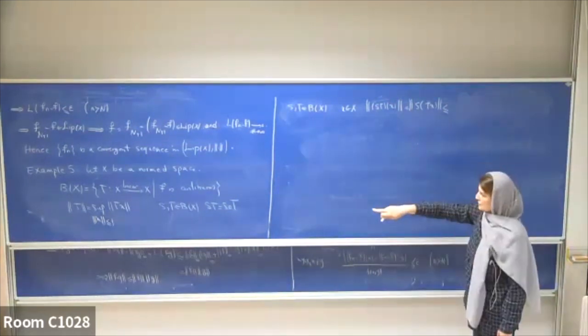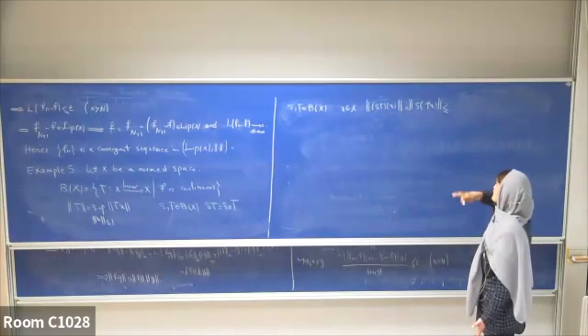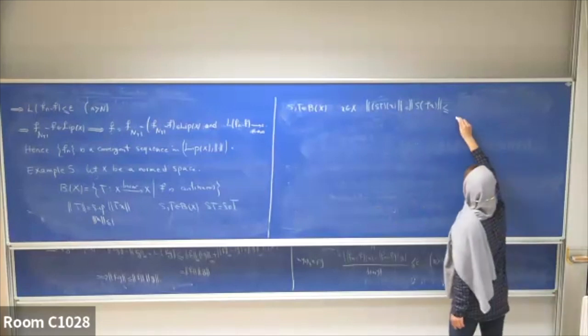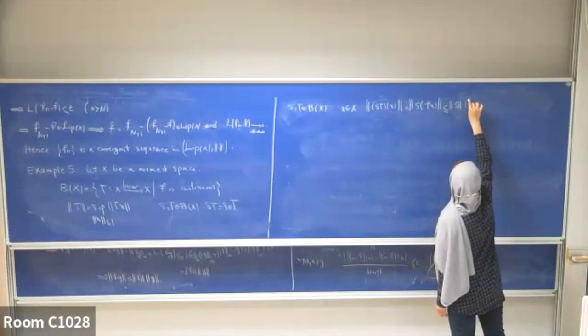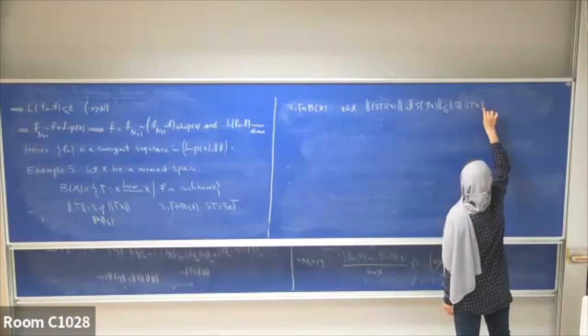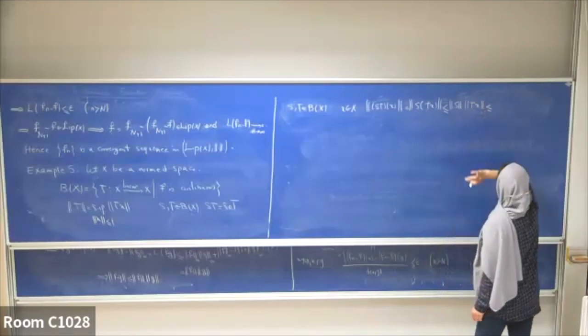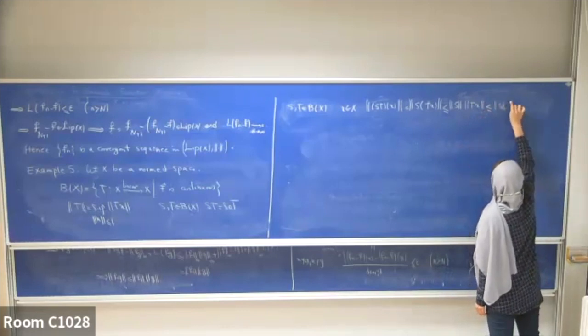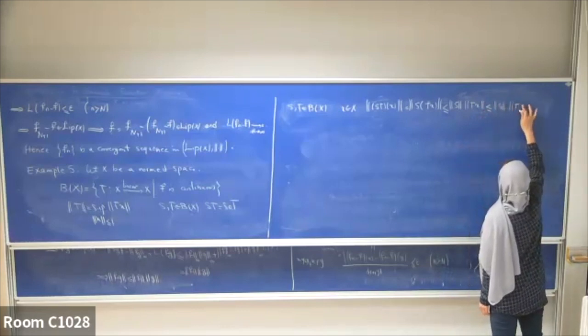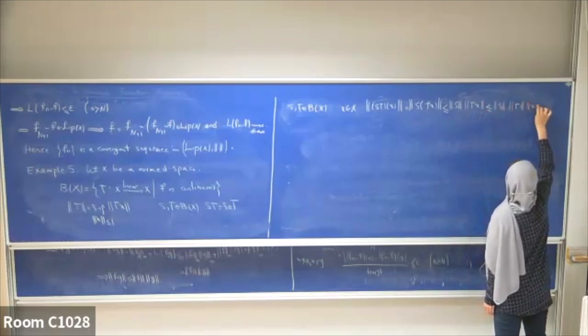According to the definition of operator norm, it's really easy to see that it is at most norm of S times norm of T of x. Again, by the definition of operator norm for T, it is at most norm of S, norm of T, norm of x.